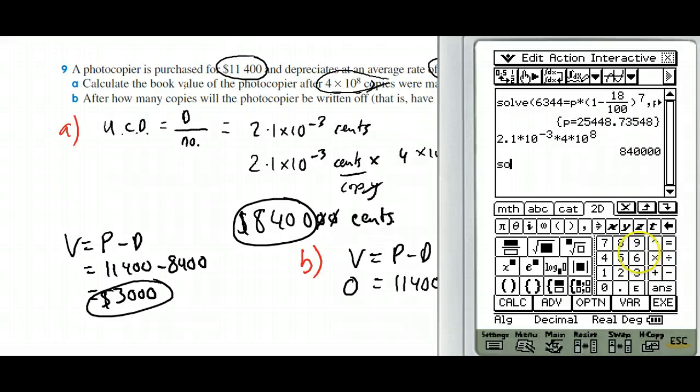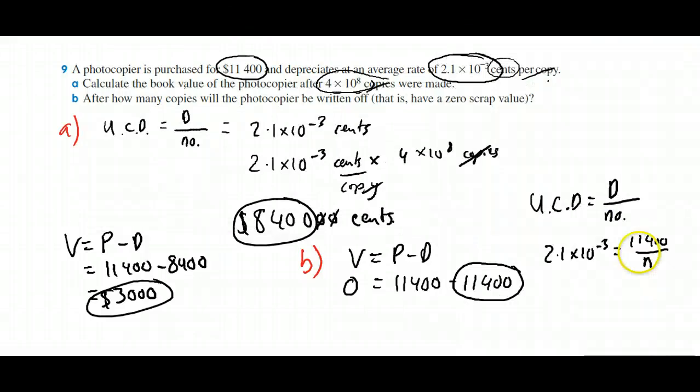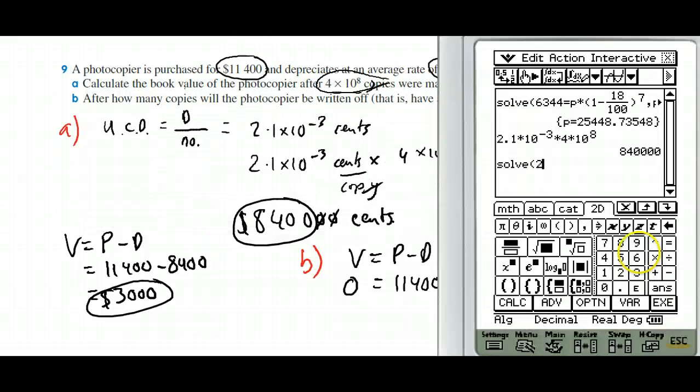Let's do a solve. So we've got 2.1 times 10 to the negative 3, and that equals a fraction with 11,400 on top, and on the bottom is N, our unknown.